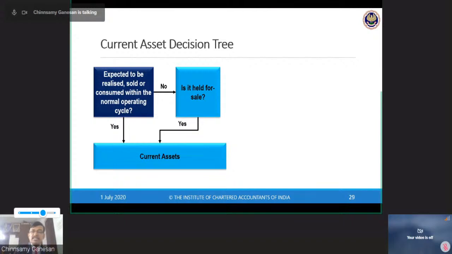Let us go back to an example. In this example, we are taking the same 14 months of operating cycle, where the collection period of debtors is 5 months and the finished goods holding period is 5 months. Let us see. The management expects that the finished goods stock will not be able to be sold within the reporting period.